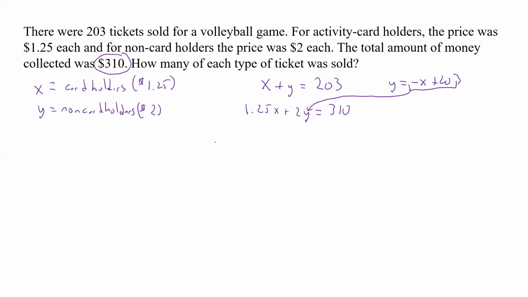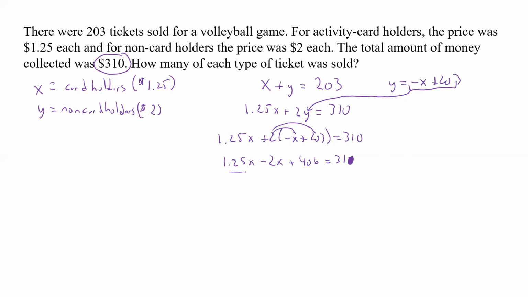So if we do it this way, 1.25x plus 2 times negative x plus 203 equals 310. Don't forget to distribute. 1.25x, and then we have a minus 2x, and then plus 406, equals 310. All right.